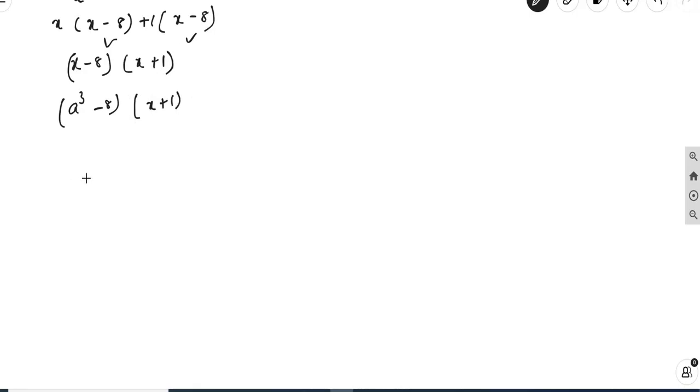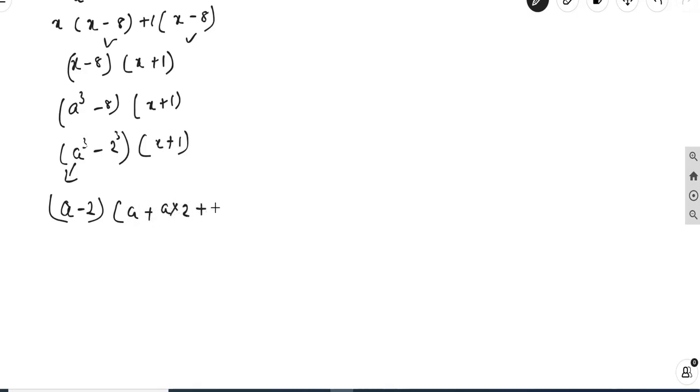So a cube, how do I write? a to the power of 3 minus 2 cube, and this becomes x plus 1. Again I'm going to use the identity a cube minus b cube. So here this becomes a minus 2, open the bracket, a square plus a into 2 plus 2 square. And what is left? The left part I'm going to write like that only, x plus 1.